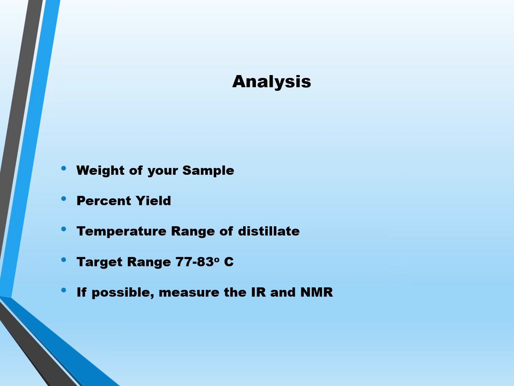And then try also to record the temperature range at which the distillate comes out, and the distillate is expected to come out between 77 and 83 degrees Celsius, and that also assures that you have got the pure product.